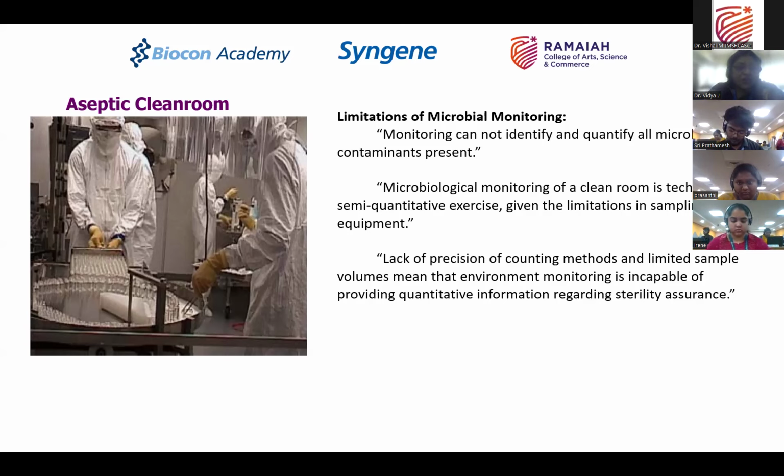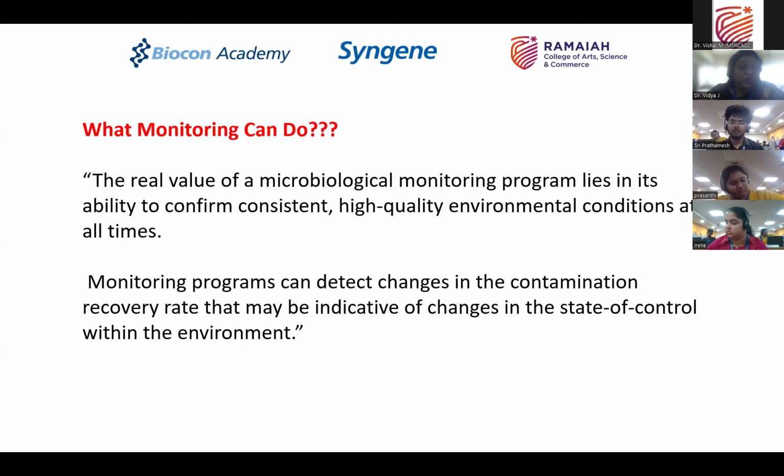So in a lab setup, a lab is an environment. In that particular environment, what kind of microorganisms can you find and how to control them? Basically, all this monitoring is done by checking the quality of the environmental condition.